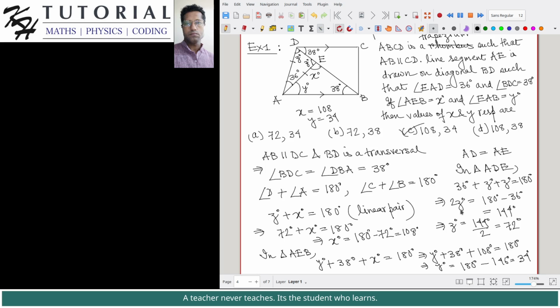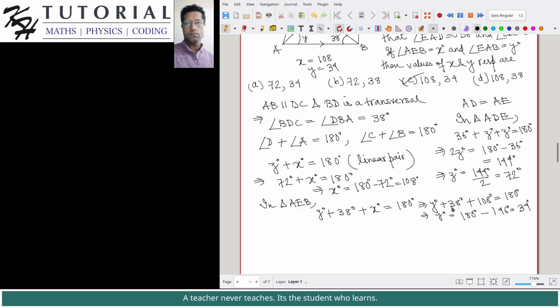And one angle in triangle ADE, that is angle DAE, is given to be 36 degree. So the other two angles will be easy to find applying the angle sum property. So once Z is found, we can easily find X because Z and X are linear pair of angles, and when X is found, we can definitely find Y applying the angle sum property in triangle AEB.